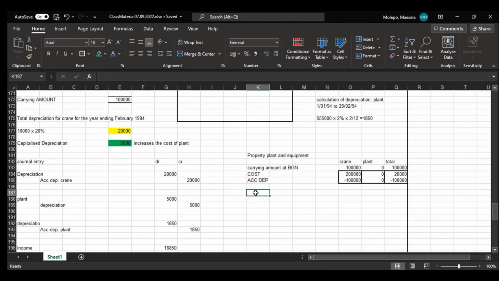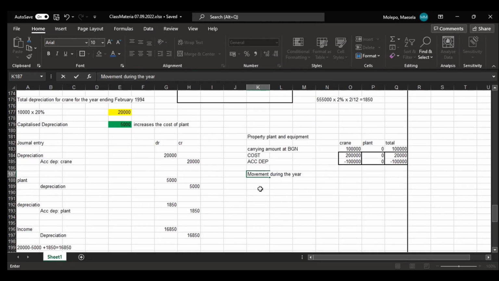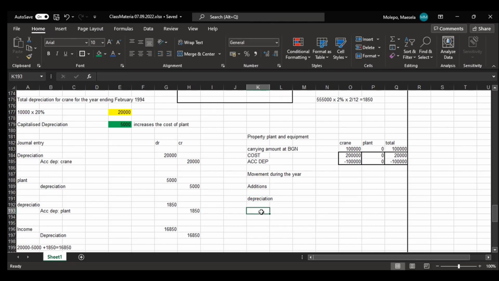Then we go to the movement that happened during the year. So whatever happened during the year, we should have additions. We should have a depreciation. We should have disposal if there is any, which is always at carrying amount.